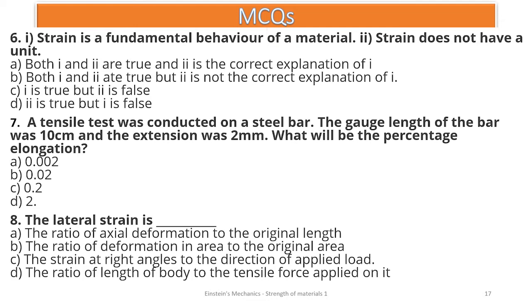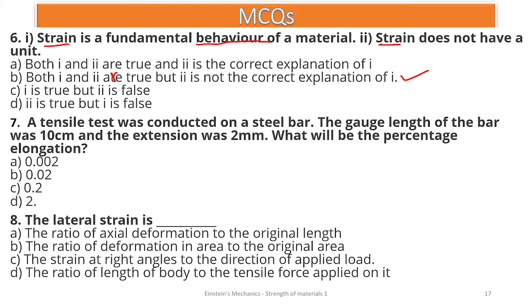So A says both I and II are true, and II is the correct explanation of I. B says both of them are true, but II is not the correct explanation of I, and both of them are false from C and D. So the correct answer is B. Both statement I and statement II are true. But strain does not have a unit, which does not explain the fundamental behavior of the material. Are we okay?